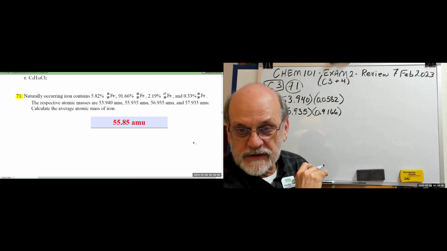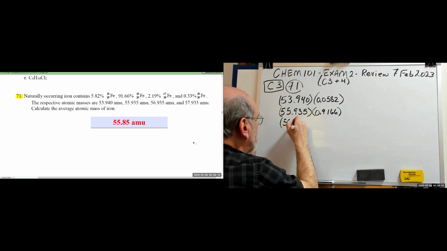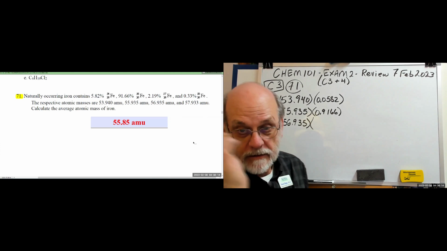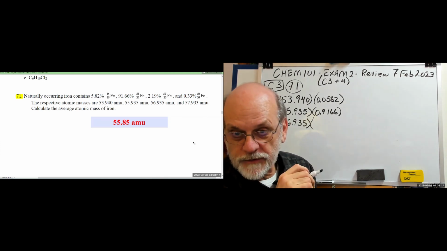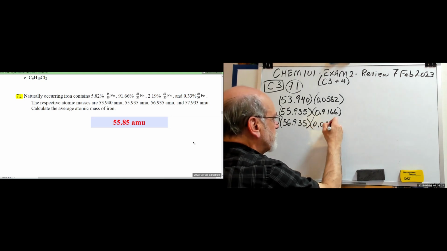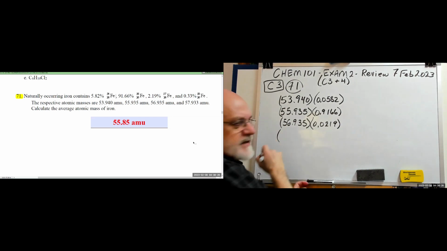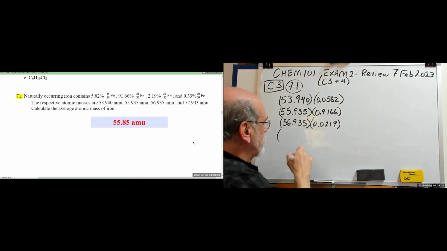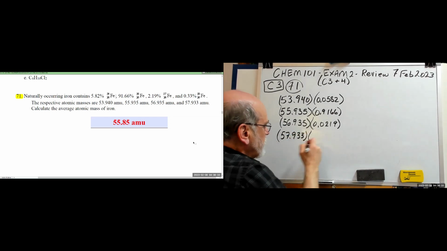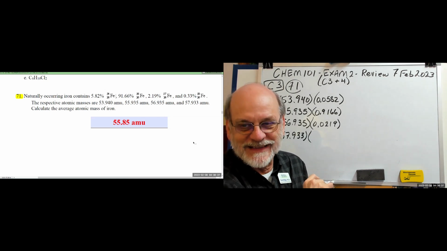And the third one is 56.935. And that's worth 2.19%, or the fractional equivalent. And then the last one is 57.933. And its contribution is 0.33%.